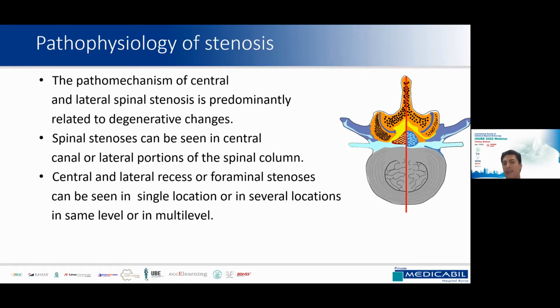Central and lateral recess or foraminal stenosis can be seen in a single location or in several locations at the same level or in multiple levels. So when you try to do endoscopic surgery for stenosis, you should be aware that the technique should be available to access your target points.